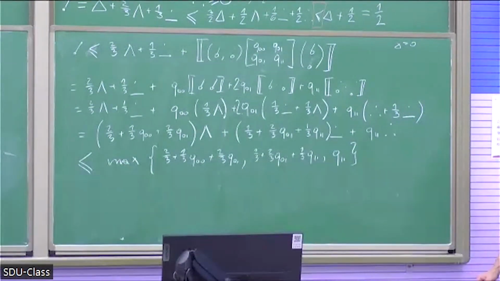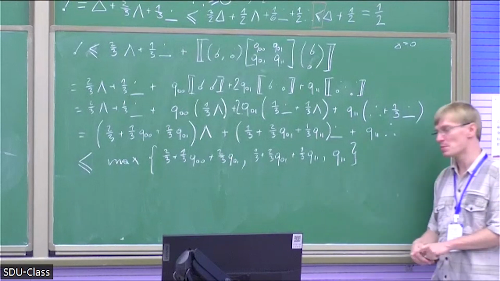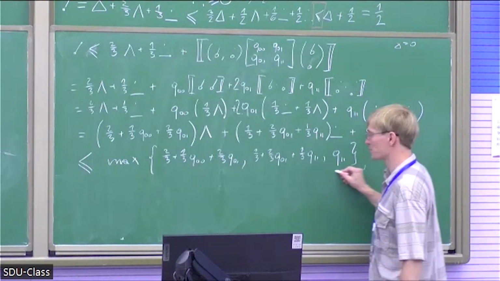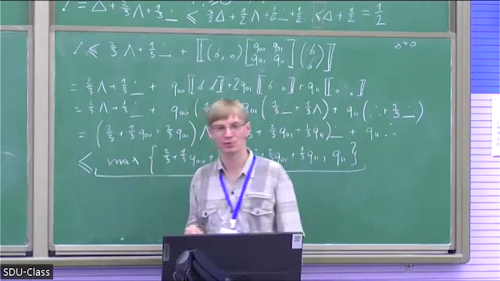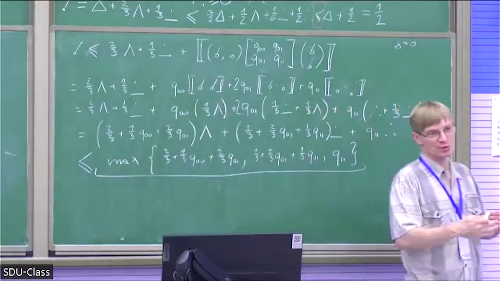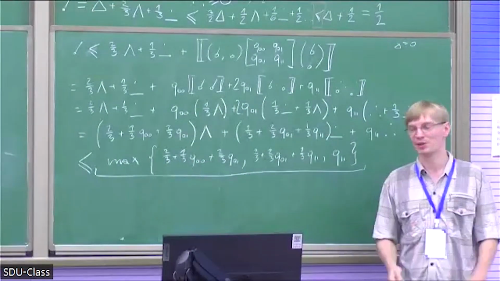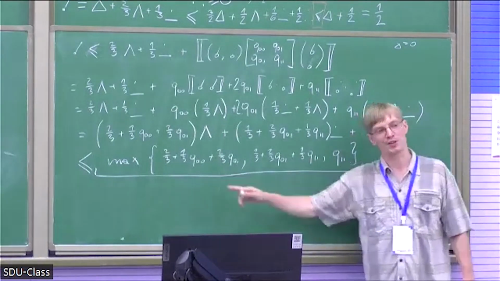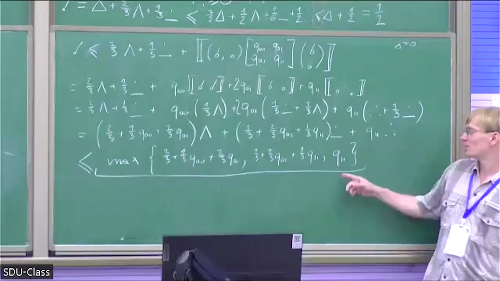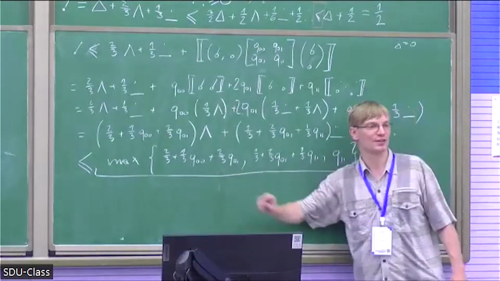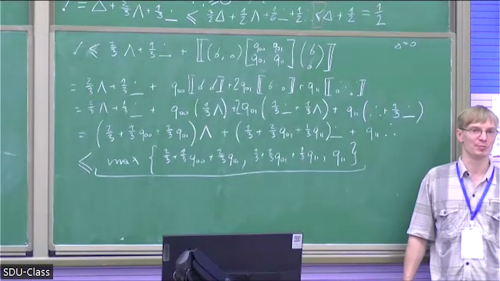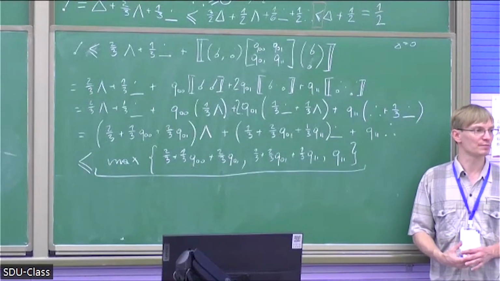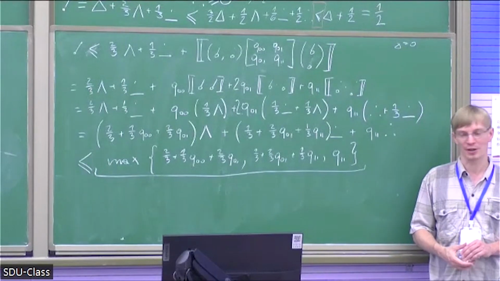So my semi-definite program needs to minimize this expression. Minimize because we want to find the lowest possible upper bound, to have the better bound. So it needs to minimize this expression over all coefficients here, forming a positive semi-definite matrix. This is exactly what we need from our program.